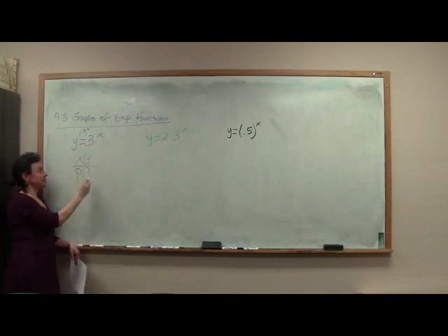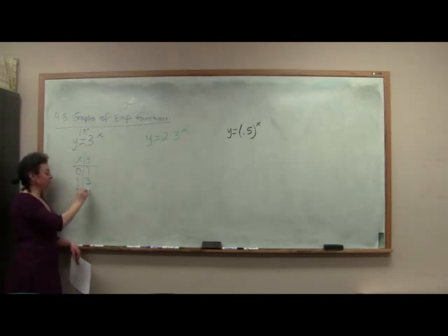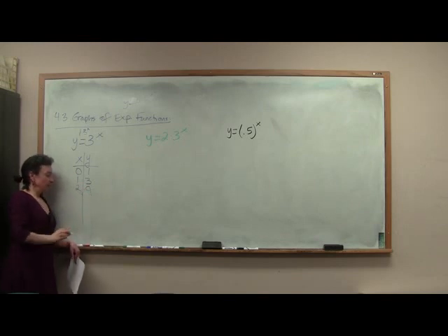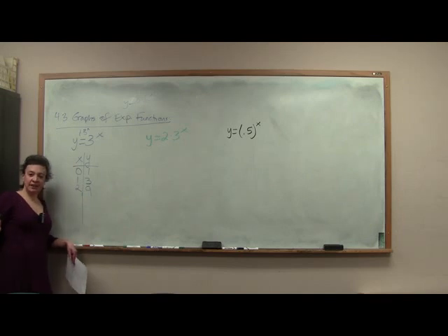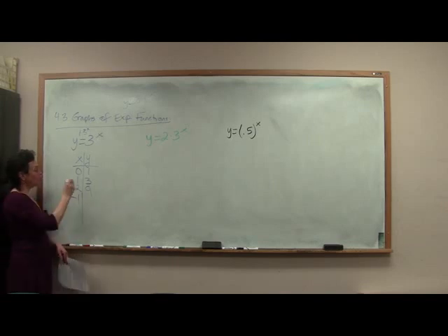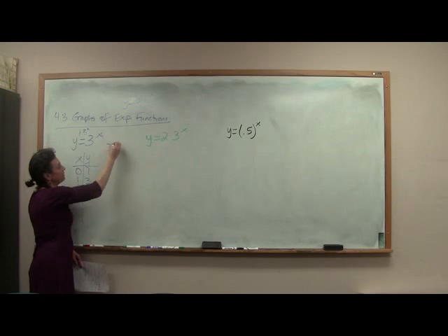If I plug in x equals 1, 3 to the first power is 3. If I plug in 2, 3 squared is 9. We could keep going. If we plug in 3, we're going to get 27, etc. But I'm too short to graph that anyway. All right, so let's ask what happens if we plug in a negative value. Well, 3 to the negative first power.